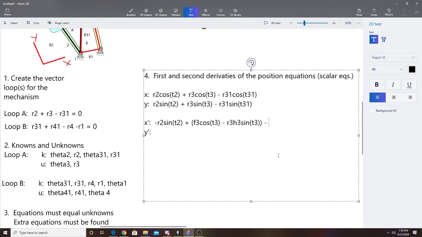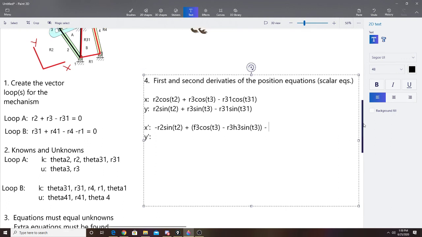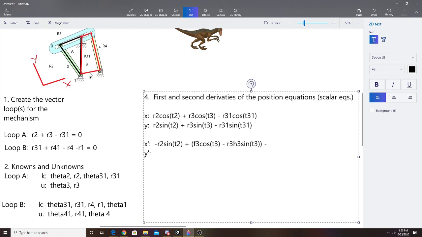Which means that since this angle never changes, so if we go back up here, right? Since this angle never changes and this length never changes, the derivative of a known quantity is what? So it goes away. It's 0. I'm not going to put a 0 there because I feel like that would be more confusing, but there is a 0 here for the R31 part.